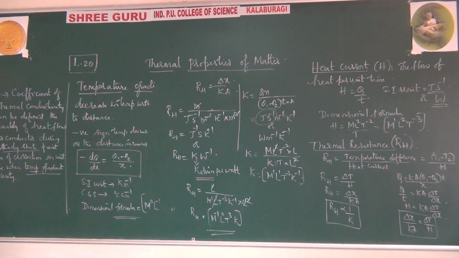Here now, one more, you have got L square for this one. K is correct, T raised to 3 is correct.